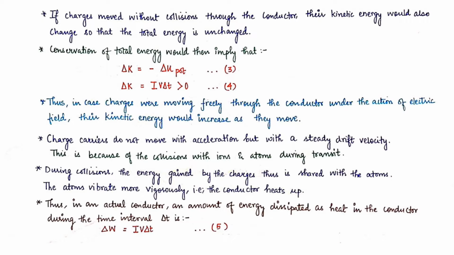Now, if charges moved without collision through the conductor, their kinetic energy would also change so that the total energy is unchanged. Like we have seen in this particular conductor, these electrons are going through a random motion showing many collisions.